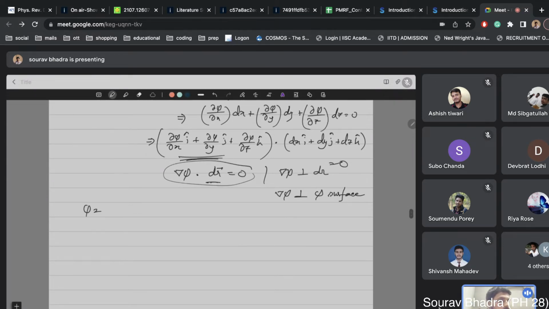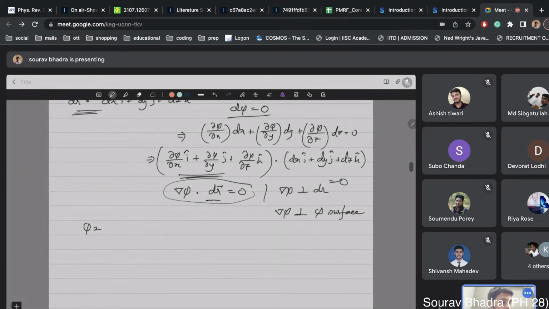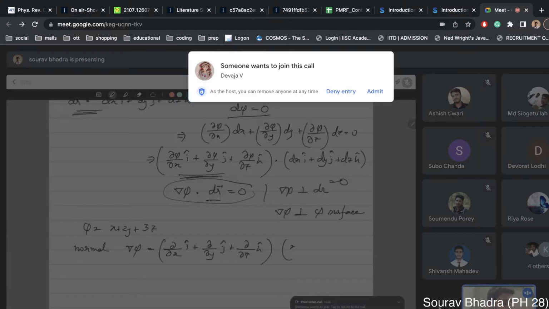So our phi was given as x plus 2y plus 3z. Now the normal would be grad phi, that is del/del x i cap plus del/del y j cap plus del/del z k cap acting on x plus 2y plus 3z.